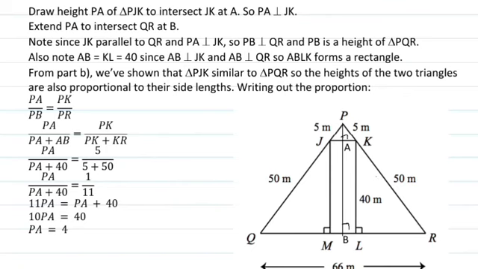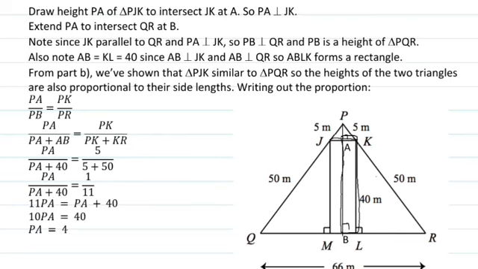Now, observe that AB equals KL equals 40, because AB is perpendicular to JK because it's a height, and AB is perpendicular to QR, so ABLK forms a rectangle. So we'll draw that in right here. Now from part B, we've shown that triangle PJK is similar to triangle PQR.